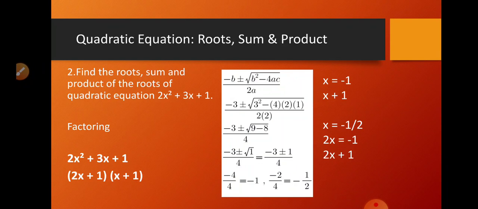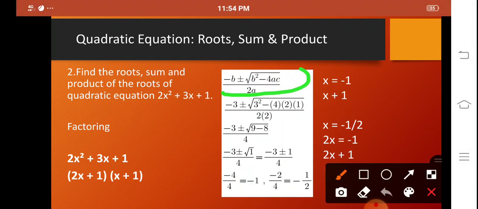Let's continue. Now we can make use of another way of finding the roots. We can make use of the quadratic formula. So our quadratic formula is this one: negative b plus and minus the square root of b squared minus 4ac, all over 2a.